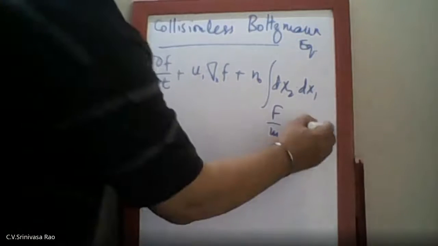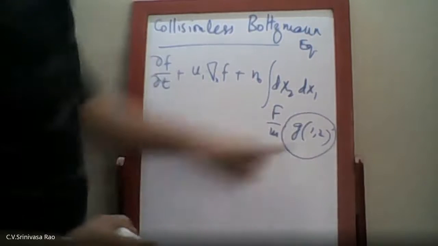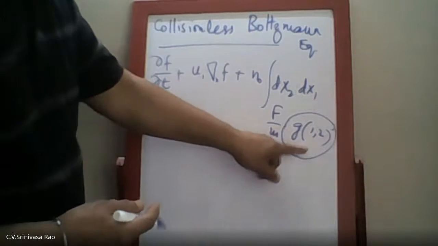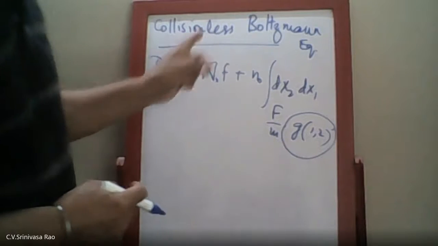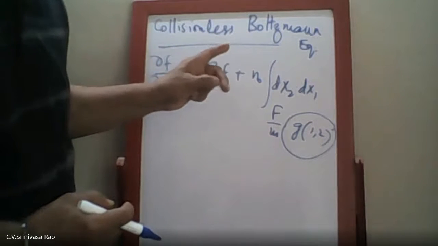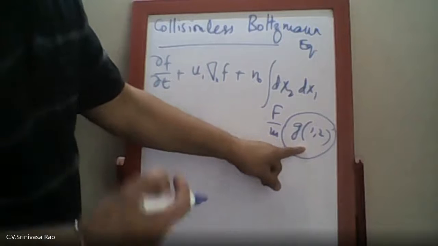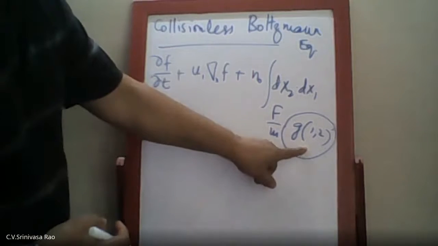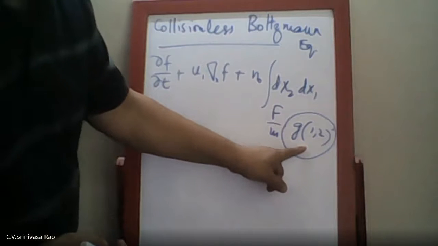So these are called the two particle correlations. So this is basically giving rise to collisions. Because of this term, there is a change in the distribution function, because the collisions are allowed now. So this is the quantity which is neglected in the Vlasov equation.